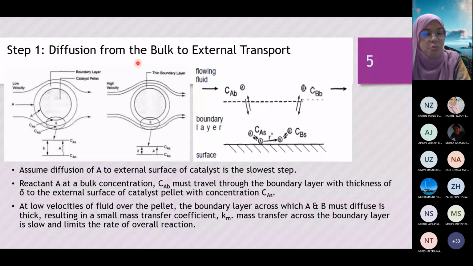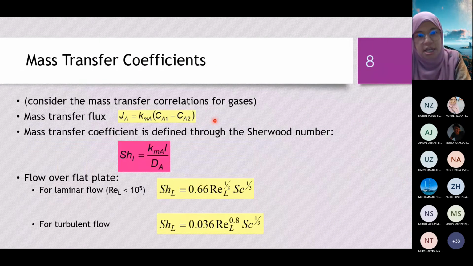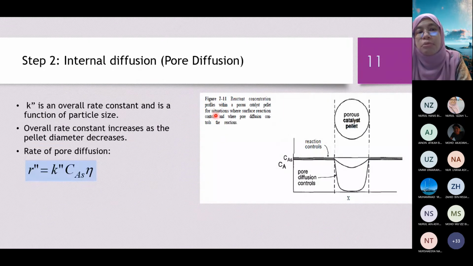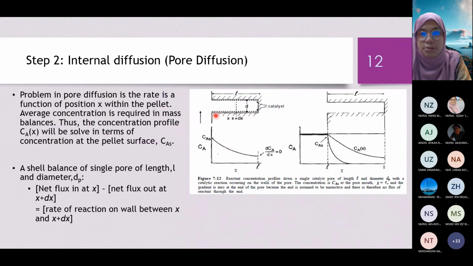What happened in step 1, step 2, sampailah step 7. Kita akan go through one by one, for each steps of reaction and then apa calculation yang kita akan tengok. So this one, I will explain it in next week.